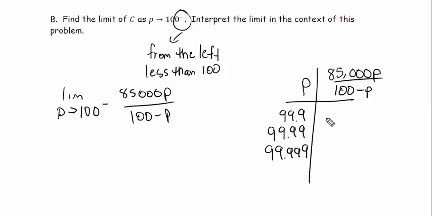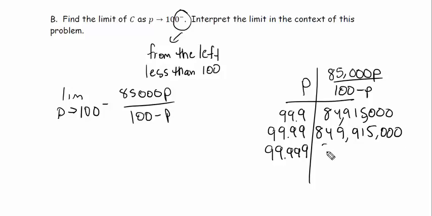That will give me 8,491,500, then 84,991,500, and 849,915,000. Oh, I'm missing a 9.